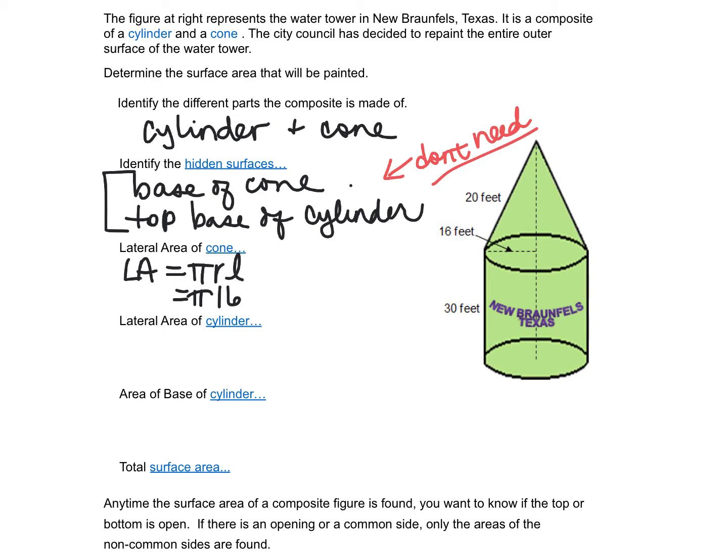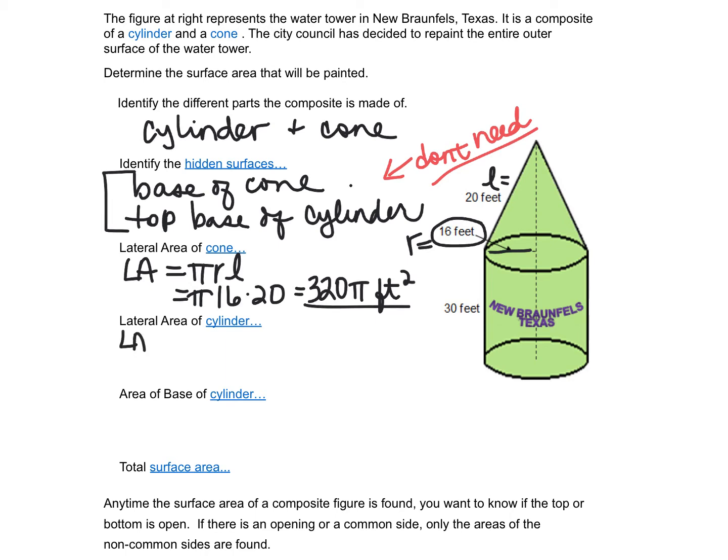And the slant height is 20. Okay, so let's do the math on that. We have 16 times 20. That's 320 pi feet squared.